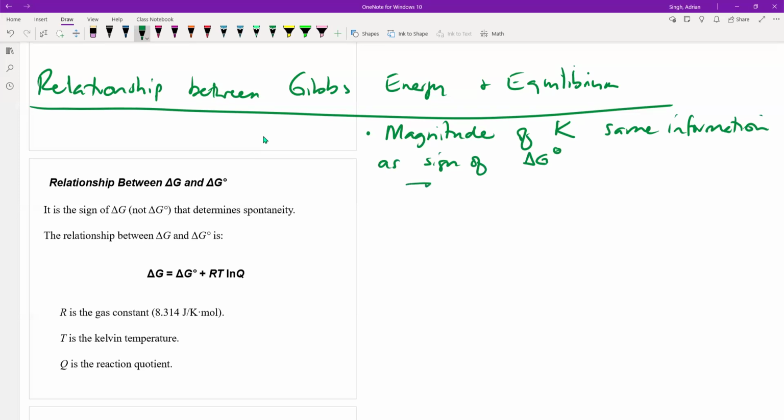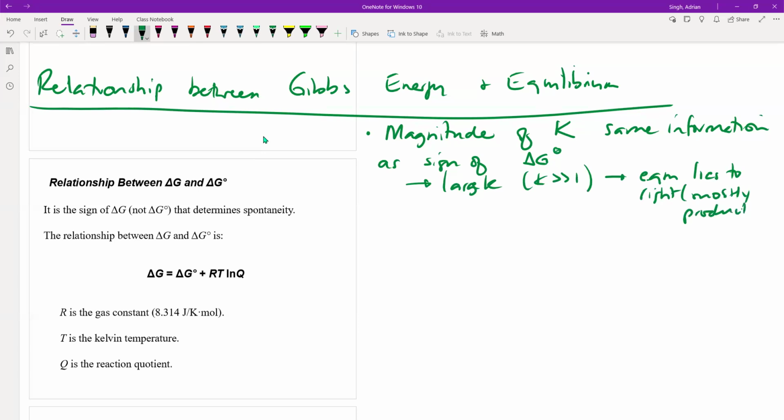What that means is we saw before that a large K value, where K is a lot greater than 1, tells us that the equilibrium lies to the right. So mostly products at equilibrium.